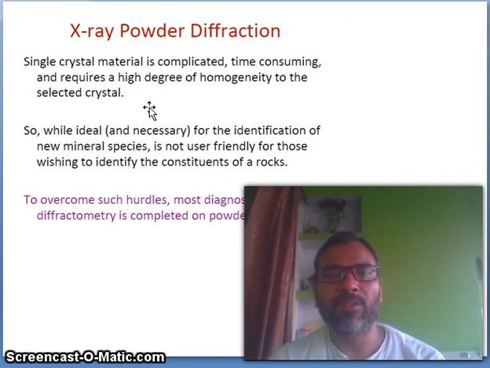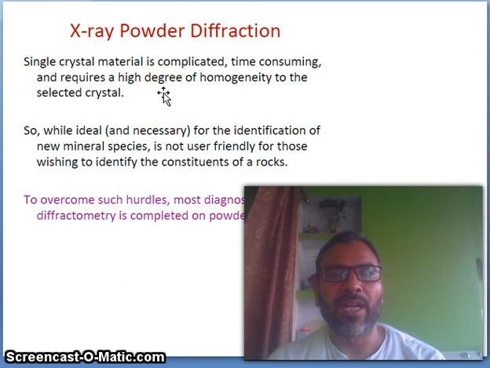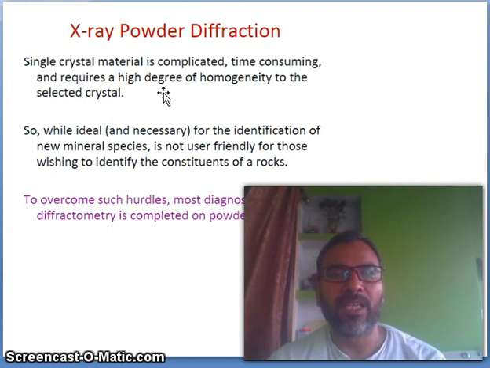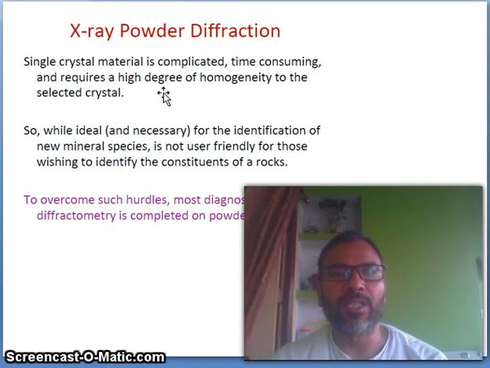So X-ray powder diffraction is different from single crystal. Single crystal work is complicated, time consuming, and requires a high degree of homogeneity in the selected crystals. You have to have good experience in selecting the crystal. If you don't have the expertise of choosing the single crystal, you cannot choose.